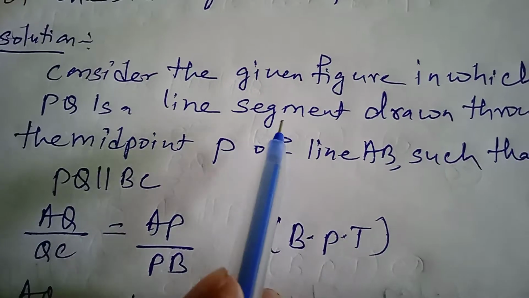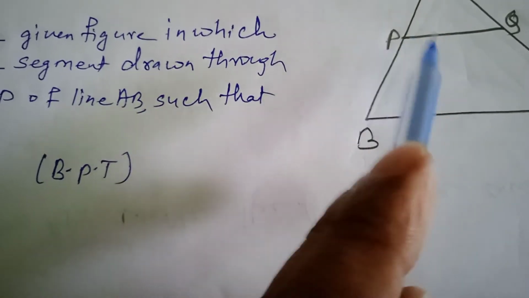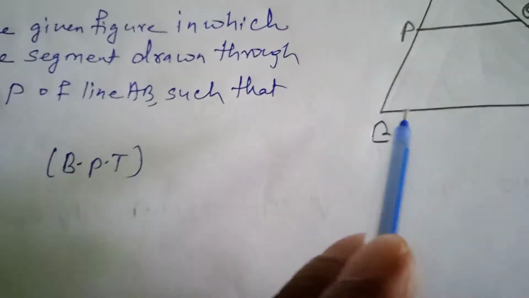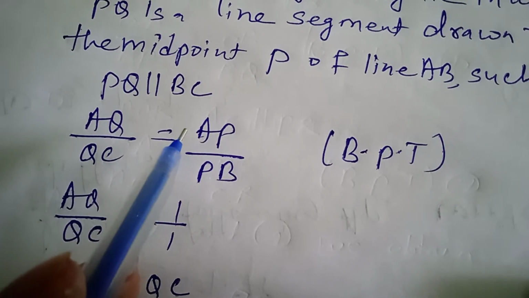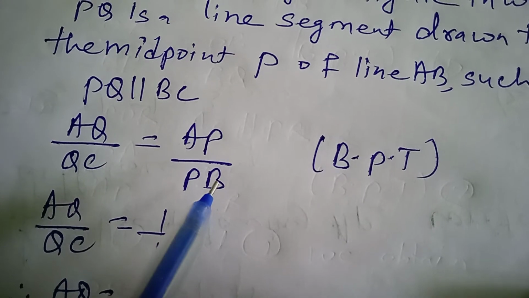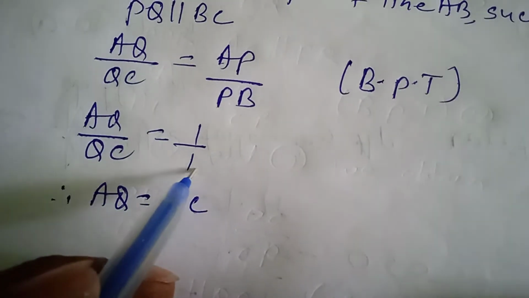Here we have to prove that it bisects the side. So considering the given figure, in which PQ is the line segment drawn through the midpoint P of line AB such that PQ and BC are parallel, according to the basic proportionality theorem, AQ upon QC is equal to AP upon PB. Here, if P is the midpoint, the values of AP and PB will be equal. So that's why we have written AP upon PB as 1.